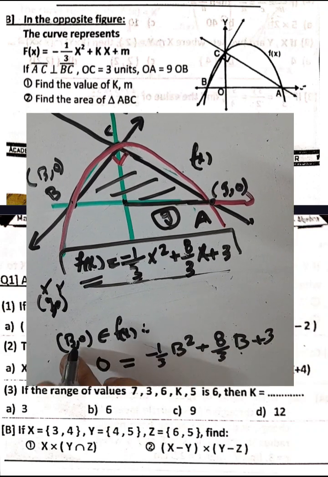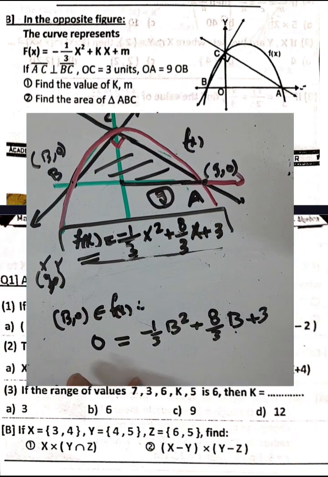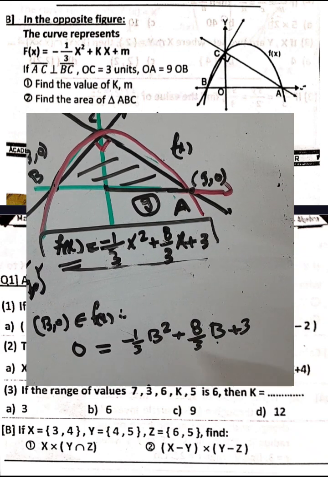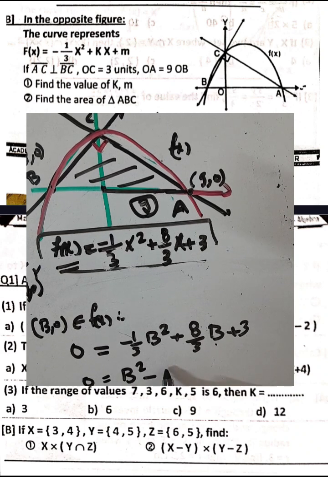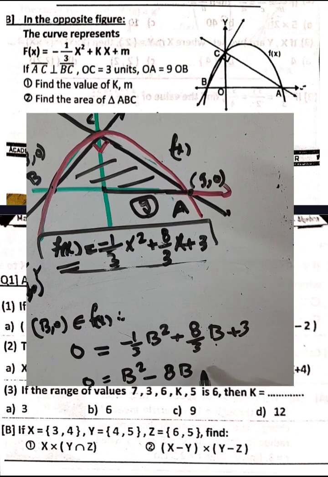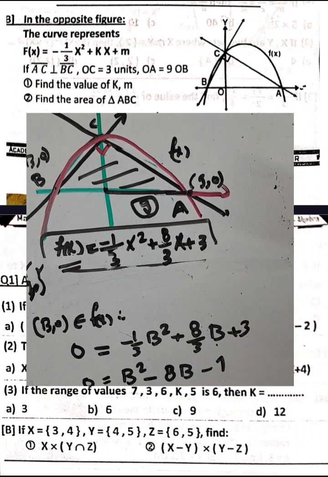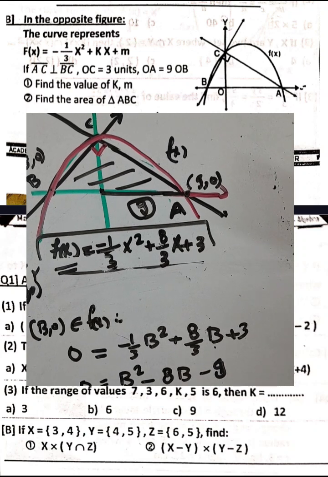I put x equals p here and f of x is 0. And then you can simplify it by multiplying by negative 3: 0 equals p power 2 minus 8p minus 9. We multiply by 3 times 3, sorry, it will be 9. We multiply by negative 3.